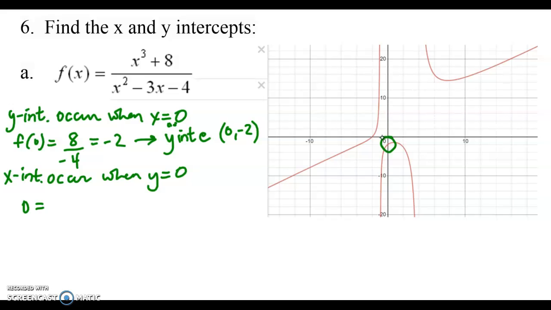The x-intercepts are a little more tricky to find, usually. That occurs when y equals 0. So we put a 0 in for the f of x in this case, and we want to solve for x. Now, usually that involves factoring first. So you can see here in the numerator, that's a sum of cubes. Remember doing that?